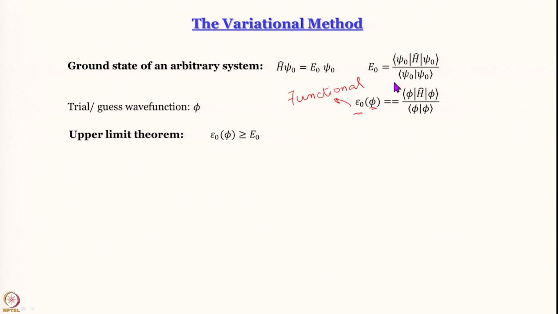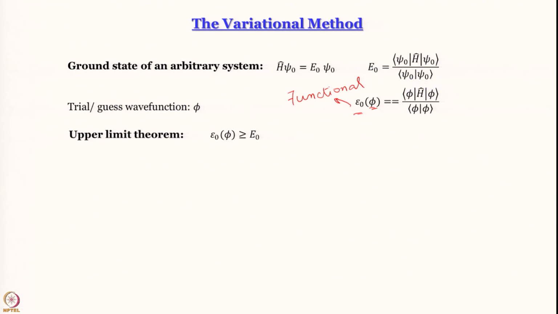But energy should be measurable. I do an experiment, I should be able to find energy. So, that energy is related to the wave function like this. It is the expectation value of the energy, integral psi 0 star h psi 0 divided by integral psi 0 star psi 0 d tau.